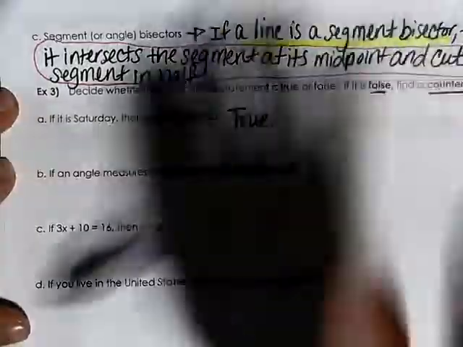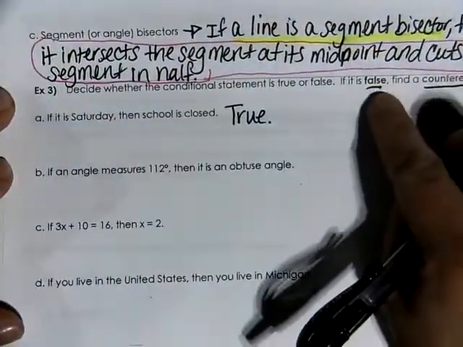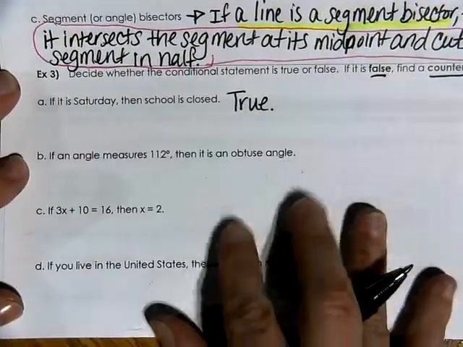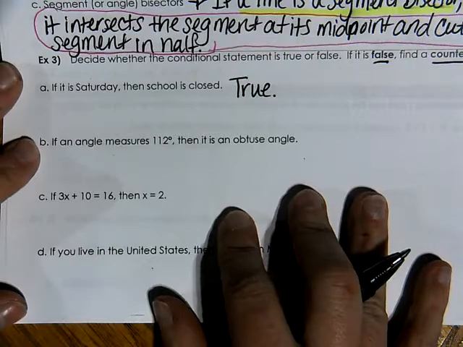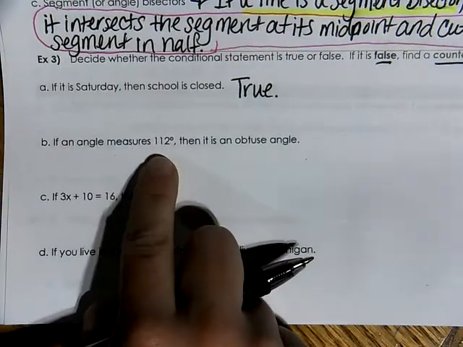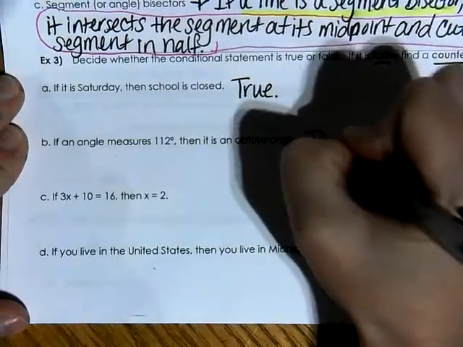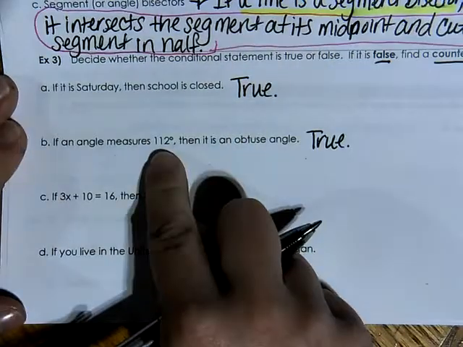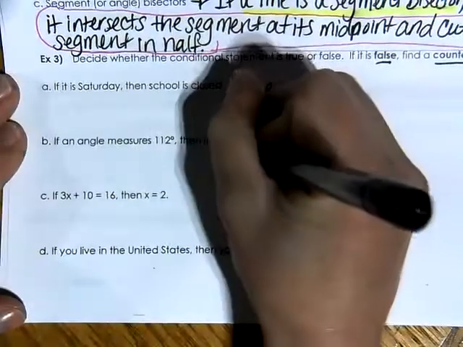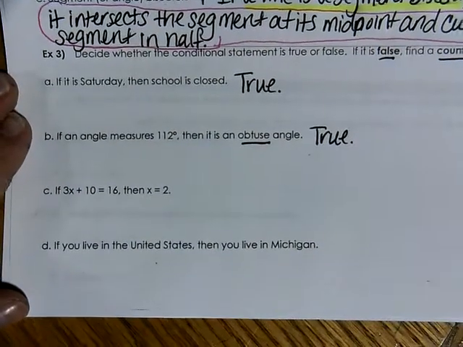So there's no counterexample. We only use counterexamples if it's false. For letter B, it says, if an angle measures 112 degrees, then it is an obtuse angle. That is true. Any angle that is 112 degrees, we do say that it is obtuse.